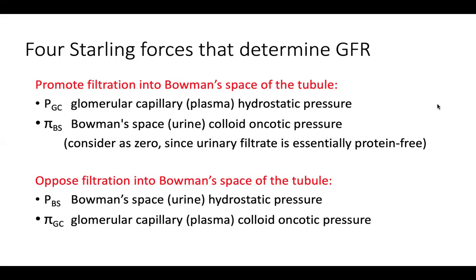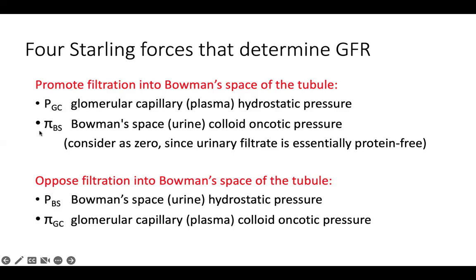And then if you think about colloid oncotic pressure, any proteins or macromolecules in a space are going to be drawing fluid in, promoting fluid into that space where that colloid is. So theoretically, if there are proteins in the Bowman space, that's indicated with this pi symbol.